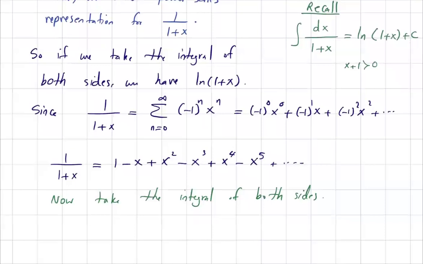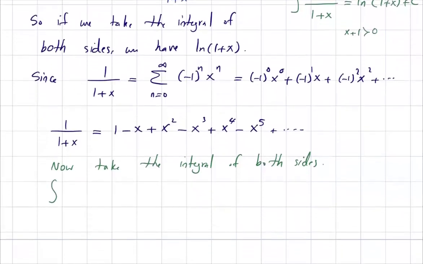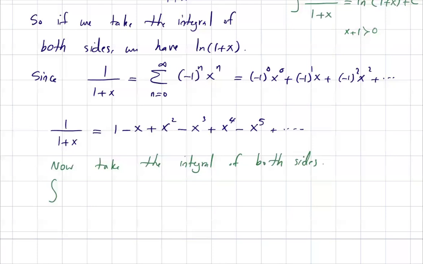What do you have? You have the integral of 1 divided by 1 plus x, which is equal to the integral of 1 minus x plus x squared dx. So you have 1 divided by 1 plus x, and then we take the integral with respect to x, so you have dx, and you have 1 minus x plus x squared minus x cubed plus x to the 4th, and so on.